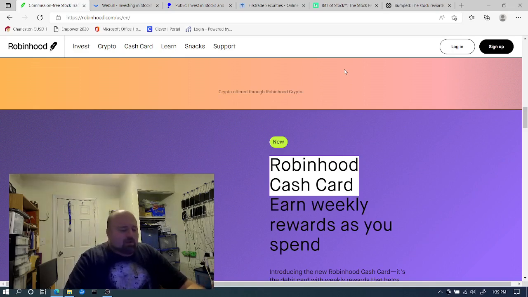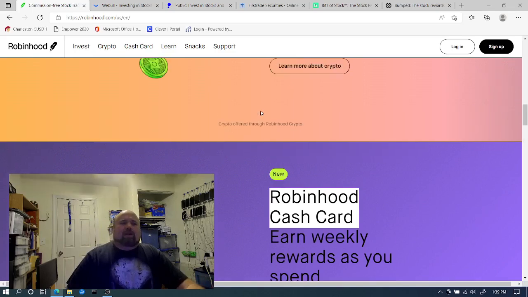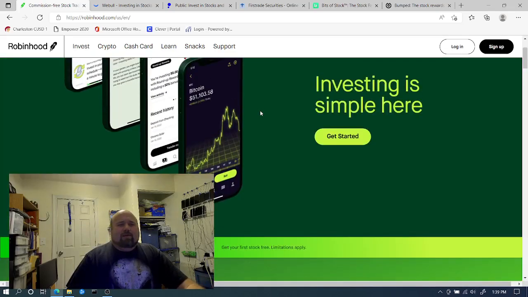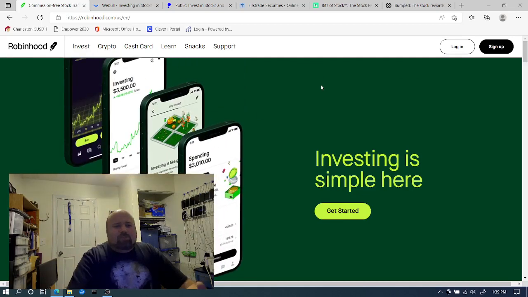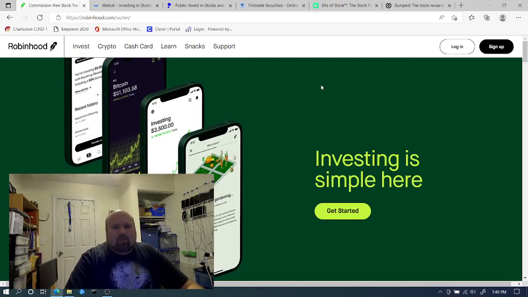So the first one I normally recommend is probably one of the most popular with people wanting to dabble with stocks. It's Robinhood. That's the website I've got open right now. The reason I recommend it first is because I think the app is the most simple and best laid out for entry-level investors.